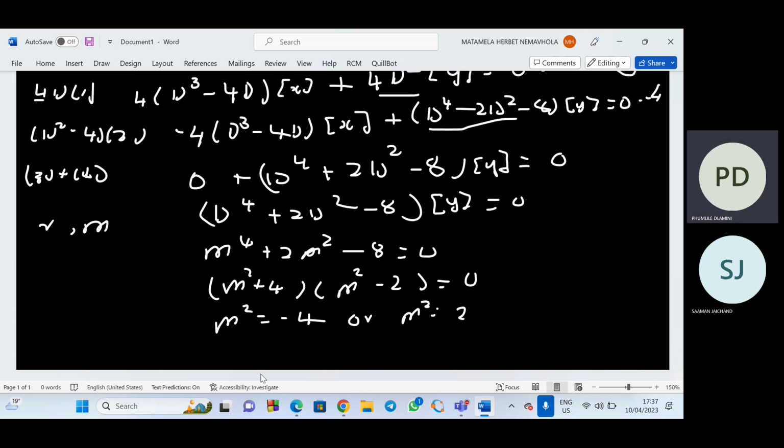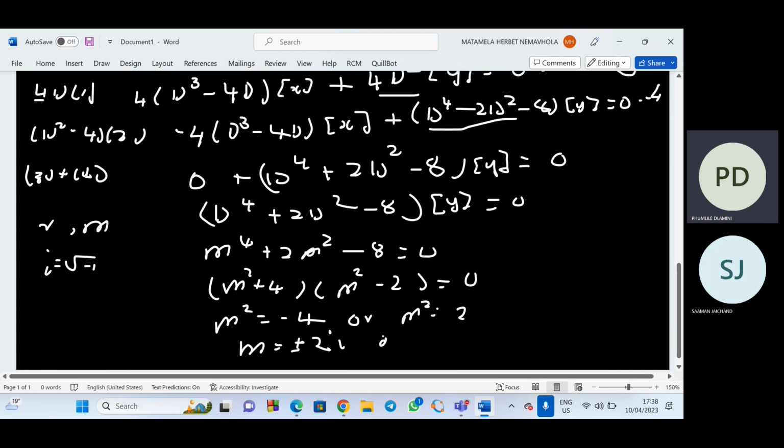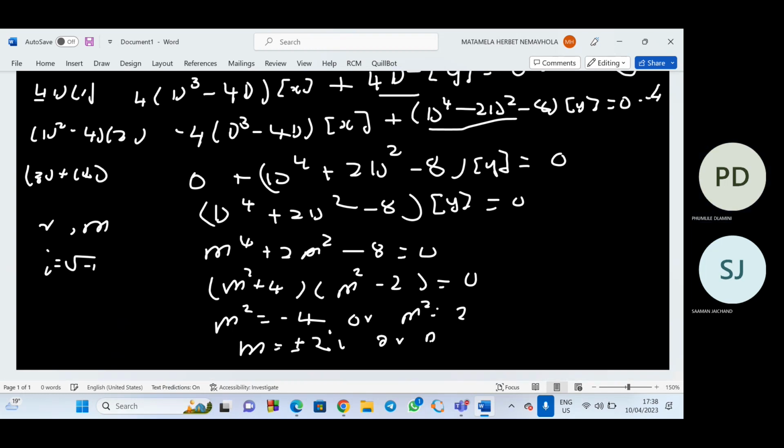Remember, the square root of negative 1 is i, so m is going to be plus or minus 2i, because the square root of 4 is 2, and we convert the square root of negative 4 to i in a complex number. Or our m here is going to be plus or minus square root of 2.